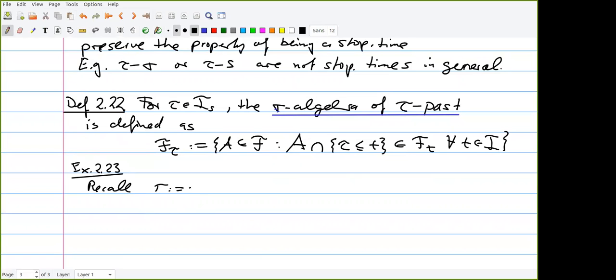The stopping time tau in our example was the first time t in T such that the price process S is above the constant C, right?